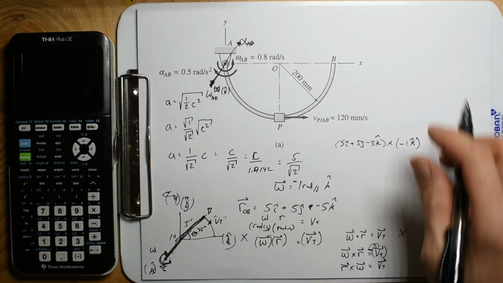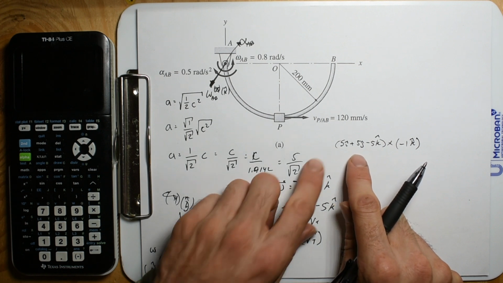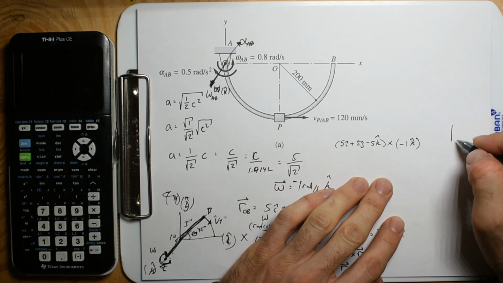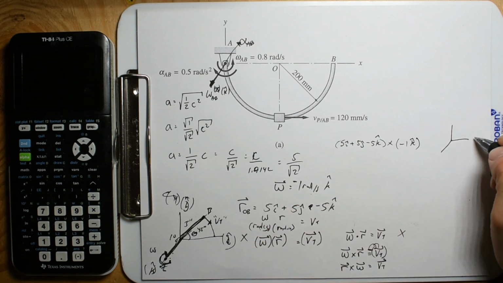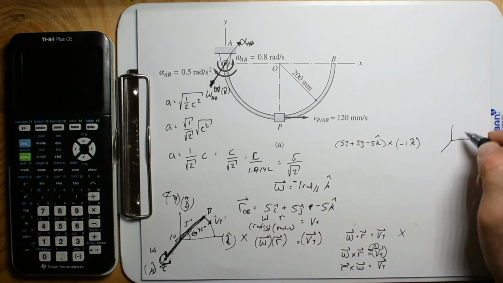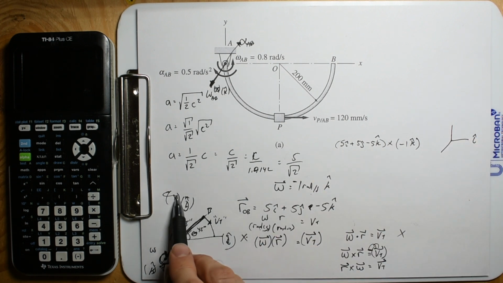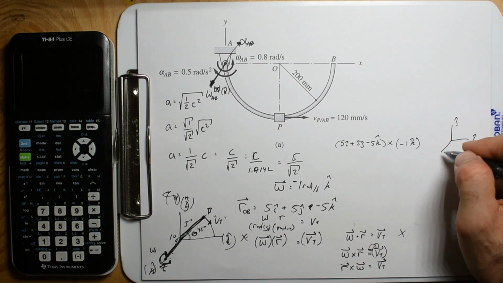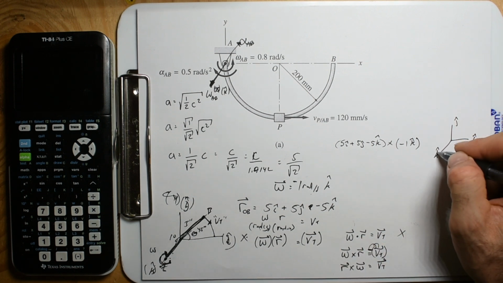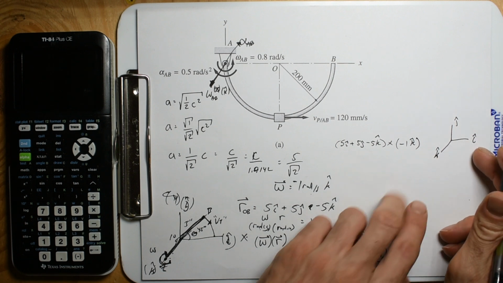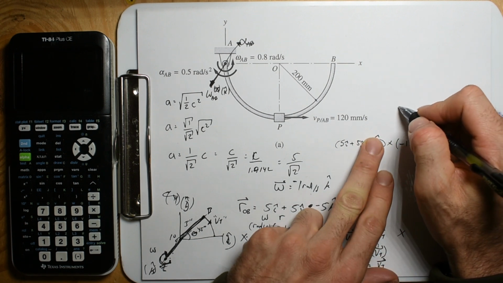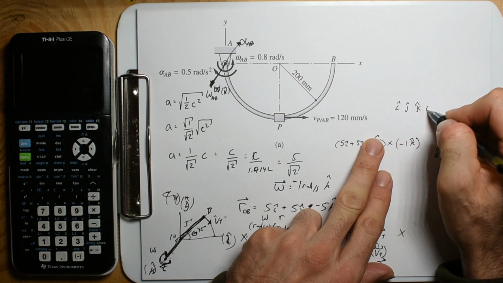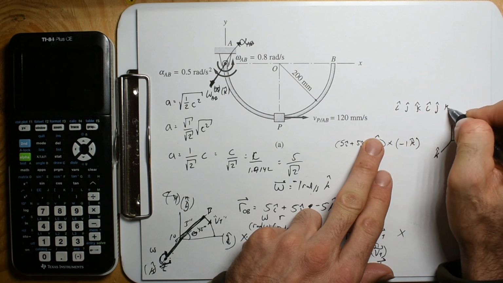To do the cross product, this is the most sane way. You already know that this is the x, this is the y, and this is the z direction, so do the i, j, and k direction. And then the other thing that I would draw is i, j, k, and then repeat it: i, j, k.